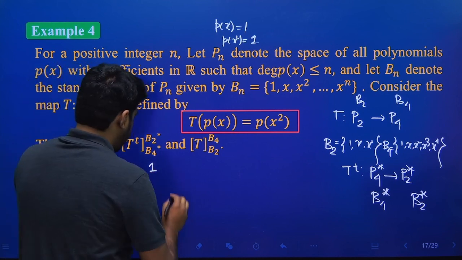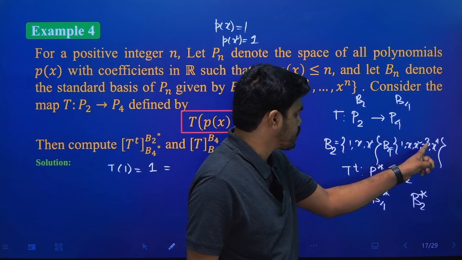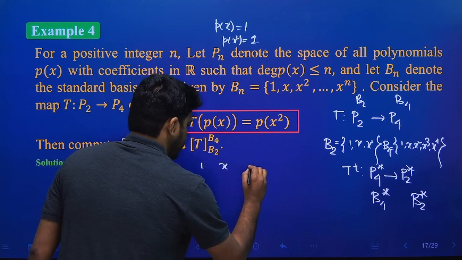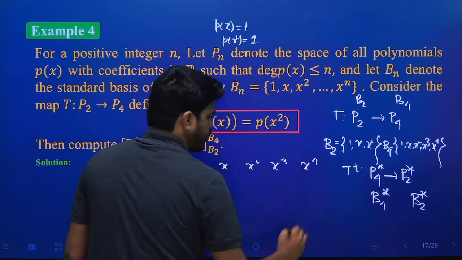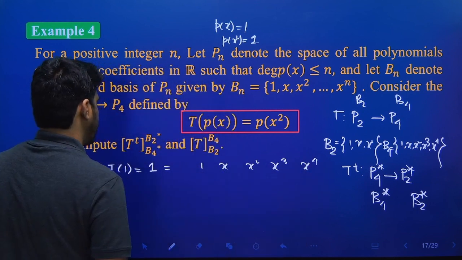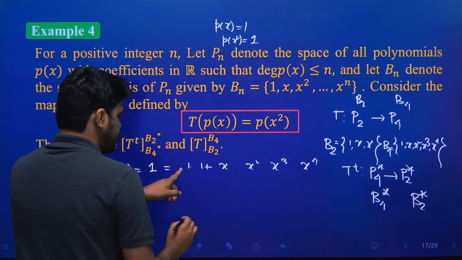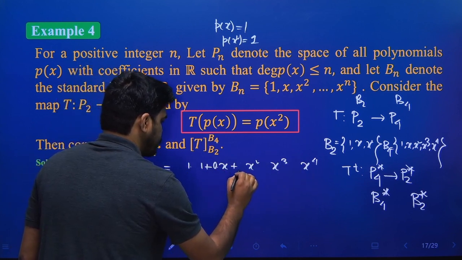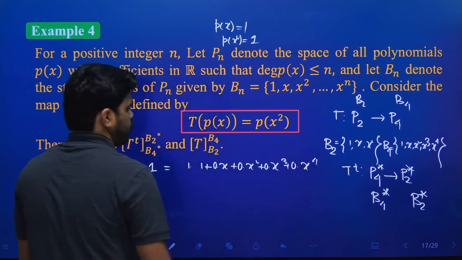So we have to express 1 as a linear combination of 1, x, x square, x cube, x to the power 4. So 1 into 1 plus, since simply 1 is there, all other terms will be 0, so 0 into x plus 0 into x square plus 0 into x cube plus 0 into x to the power 4.